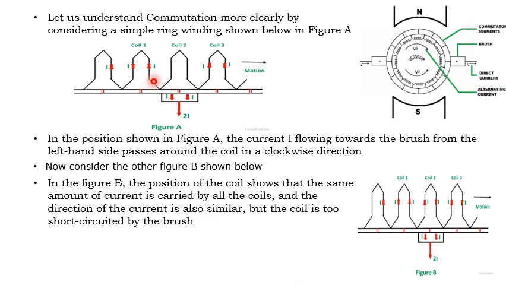Now let us understand the commutation process by considering a simple ring winding or wave winding, shown in figure A. Here I consider a machine. This is the north pole and south pole, and this is the armature.